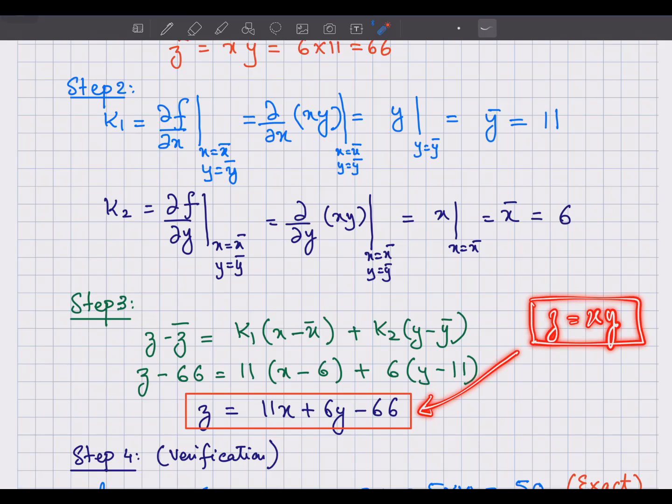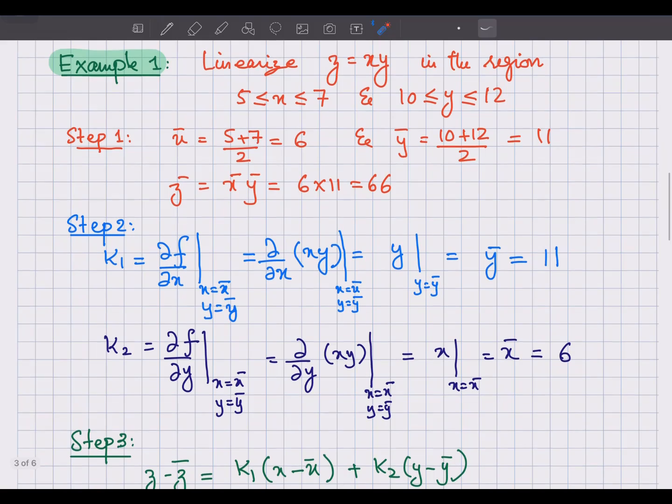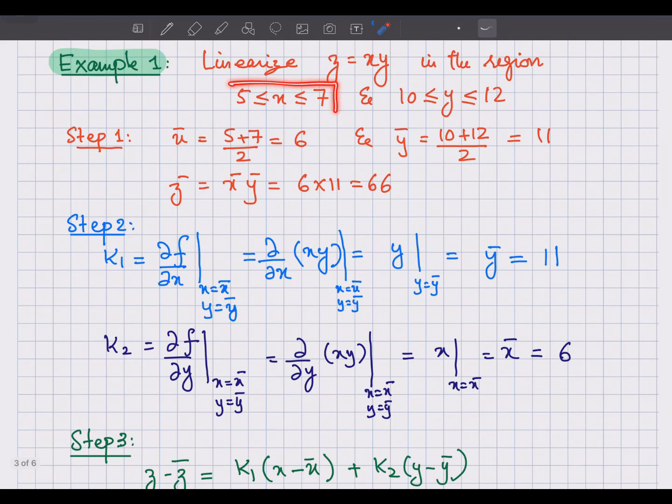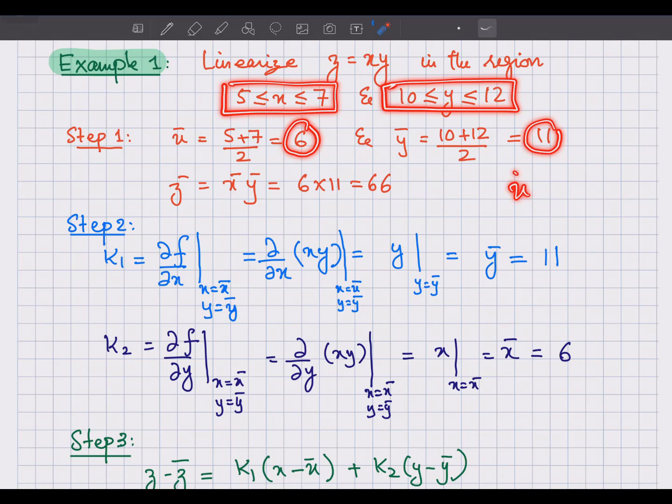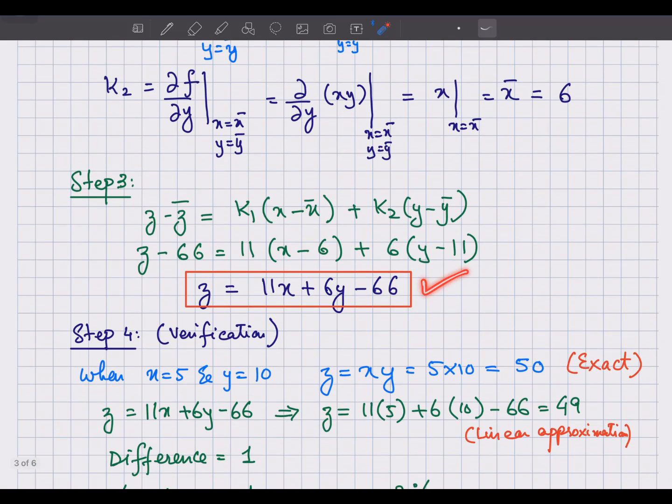So this is the linear version of that one in the selected range. And what is that range? That is basically this one, that our x is varying in this range and the y is varying in this range, or we have linearized our function at this operating point where x bar is equal to 6 and y bar is equal to 11. So at this operating point we have this linearized version.